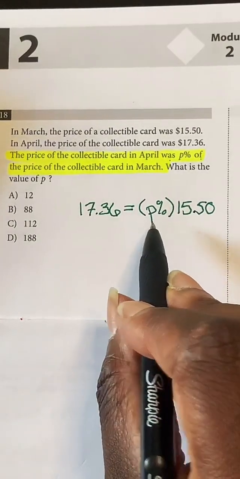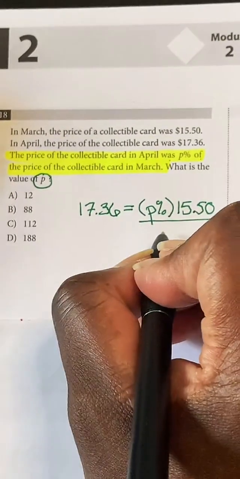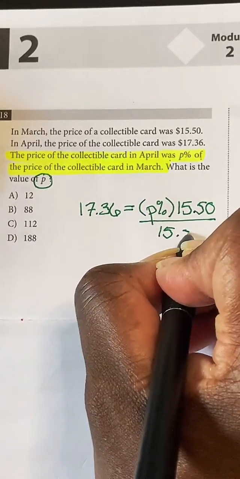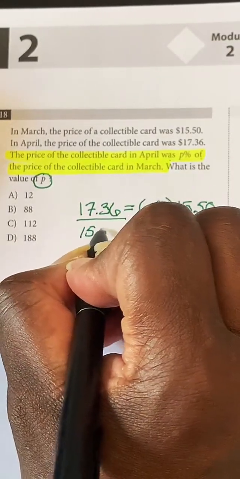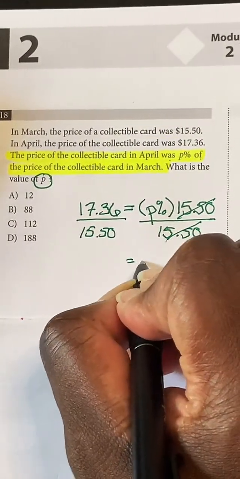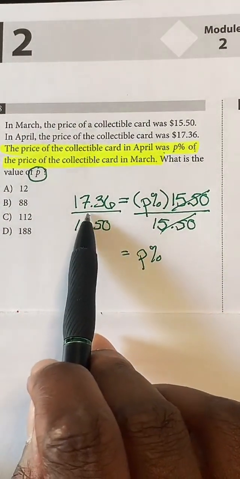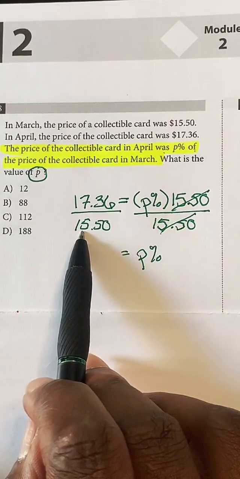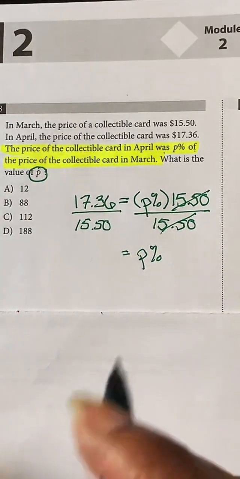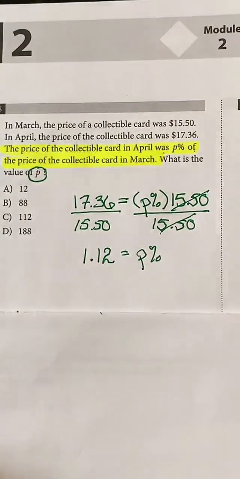So in order for me to get P, because that's what we're looking for, by itself, I need to isolate that P percentage. So that means I need to divide both sides by 1550. So now with my $17.36 divided by my $15.50, that gives me 1.12.